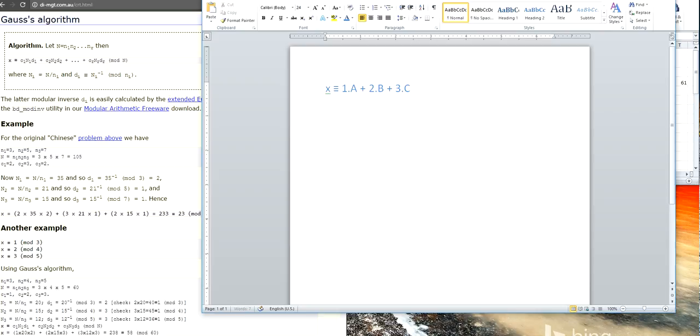So this is equivalent to 2 times 3 times b plus 3 times c. So if we follow the same procedure for the other two numbers, let's do it for the second one.